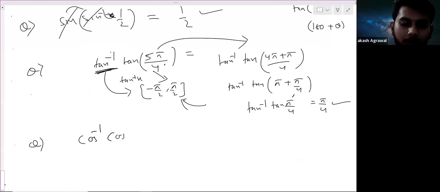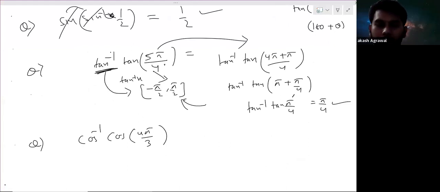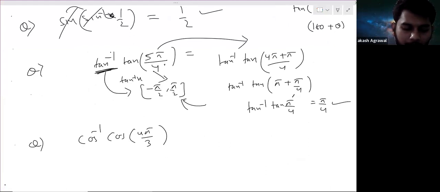Cos inverse cos of 4π/3. Okay? Minus π/3.